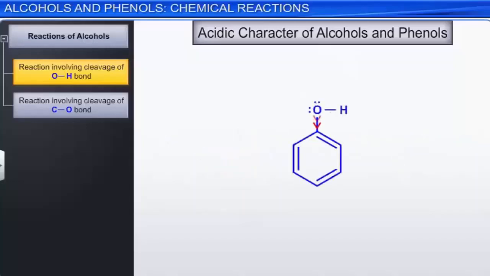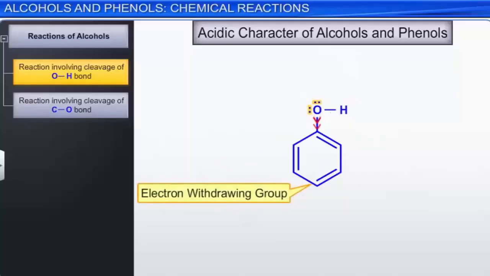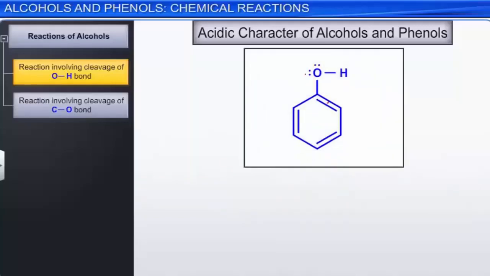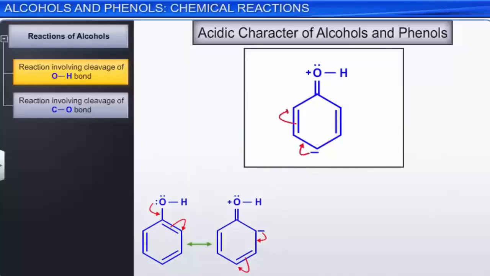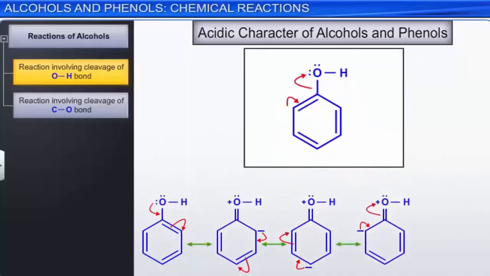Note that the benzene ring acts as an electron withdrawing group. The resonance structures of phenol, shown here, illustrate that the oxygen atom in phenol has a partial positive character.